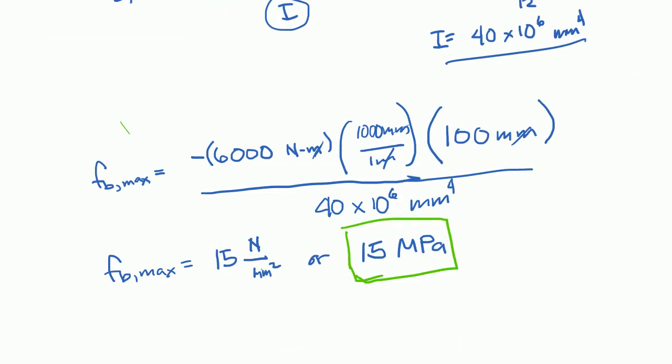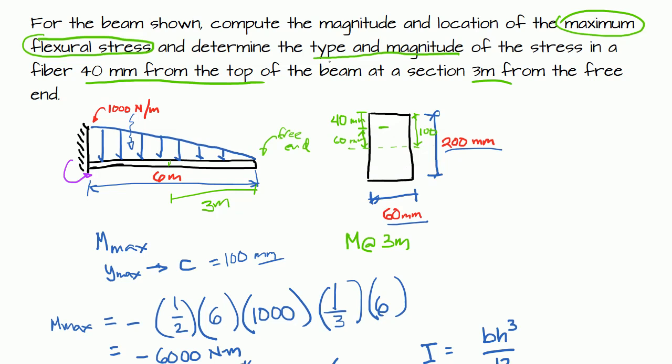But for the second one, tinatanong yung type. Now, ano yung type nung stress na to? Ito yung kung either compression siya o tension. Okay? So, for this beam, magbe-bend yung beam ko pa ganun. So, pag tinignan mo yung fibers dun sa dulo, kung ito yung support, ito yung beam mo, magbe-bend siya pababa.